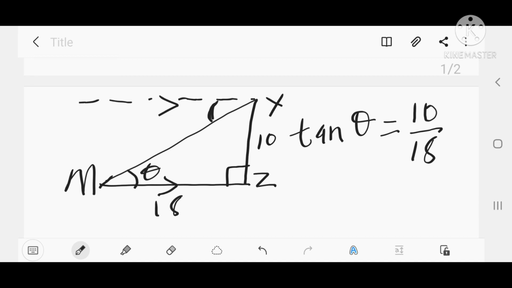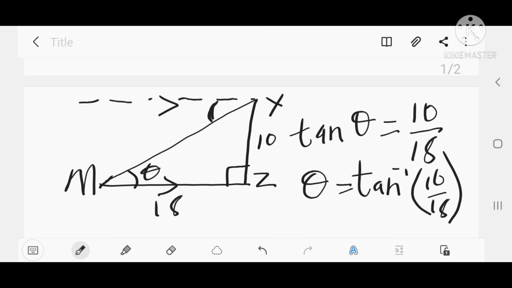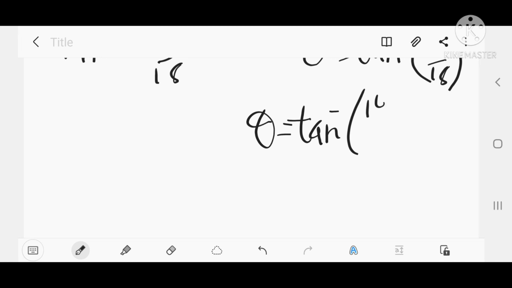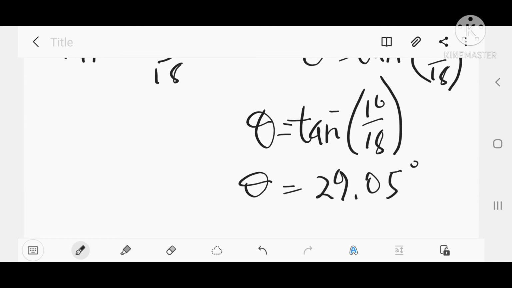Since we are looking for theta, theta equals the tan inverse of 10 on 18, which will give us 29.05 degrees.